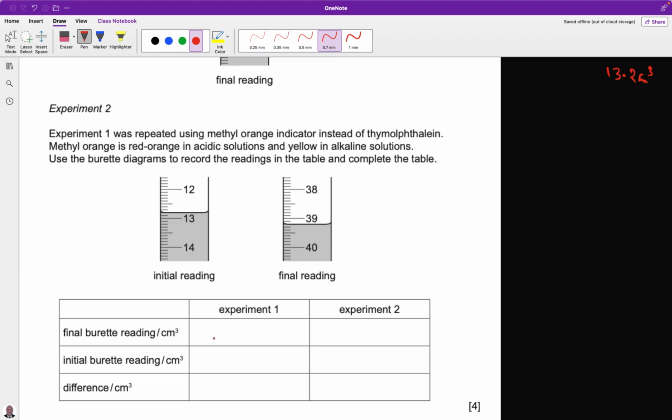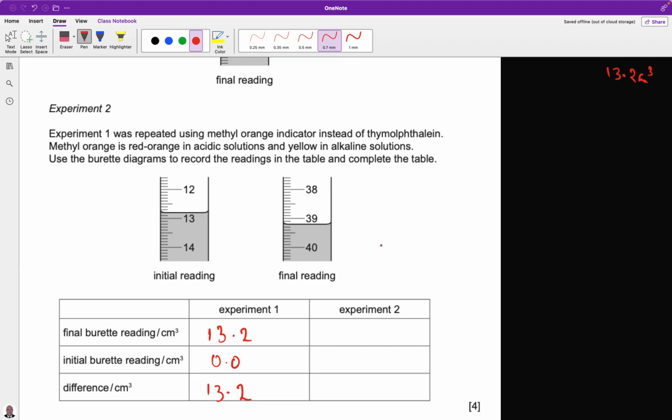The initial burette reading for experiment 1 was 0.0. The final was 13.2. And what was the difference? From up here, we said the difference was 13.2.